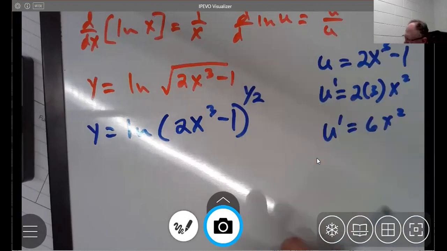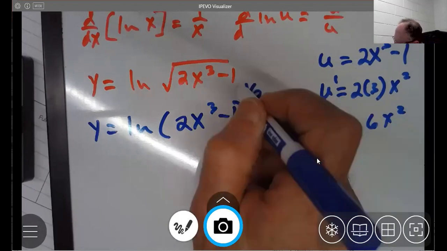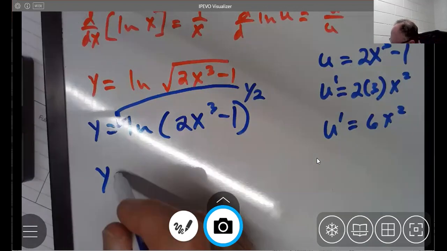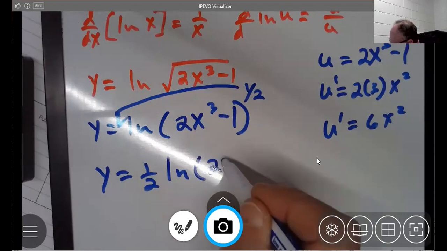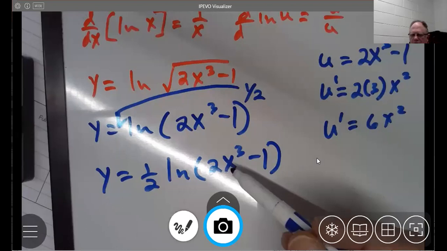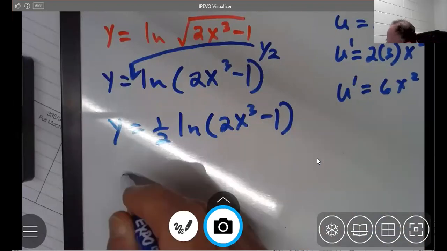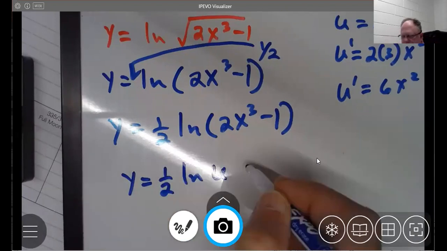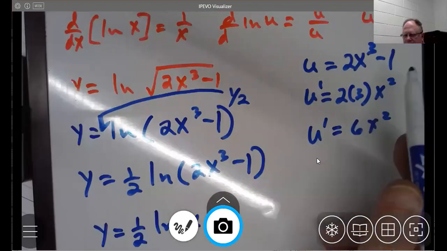If this was a cube root, then there'd be 1 over 3, and so on. Now we want to bring this 1/2 down front. So y equals 1/2 natural log of 2x cubed minus 1. That's our u, so this is like saying y equals 1/2 natural log u, because u is 2x cubed minus 1.